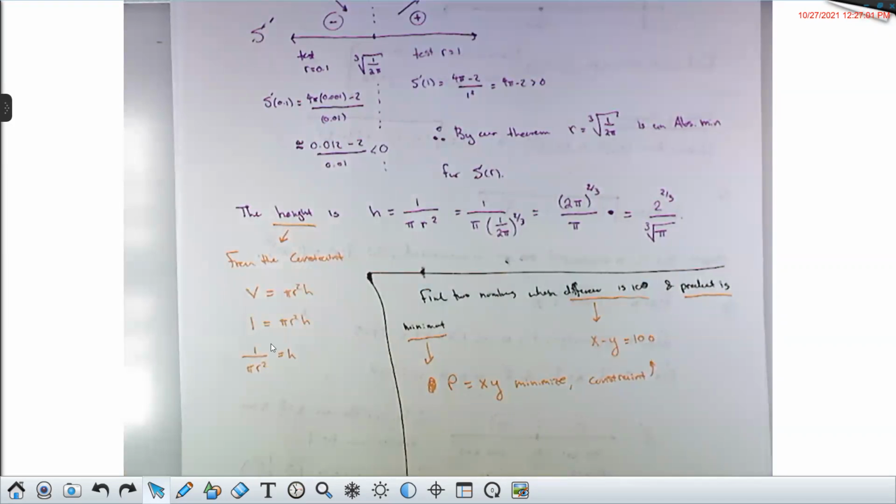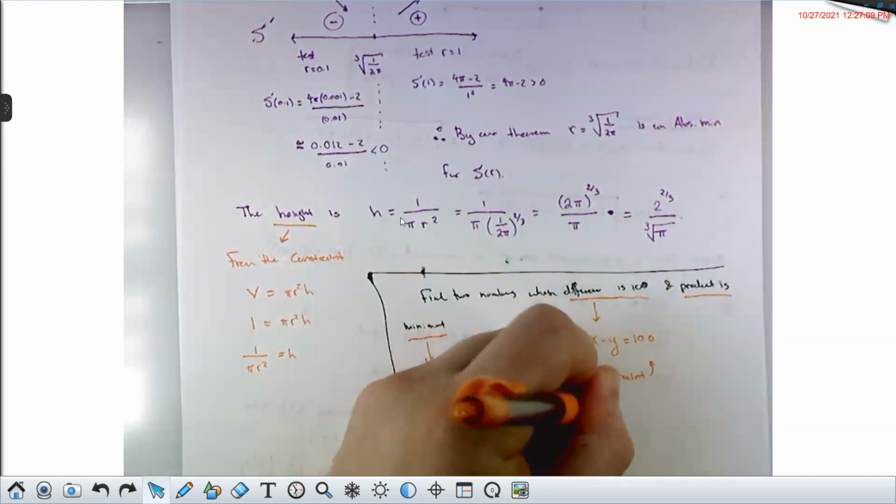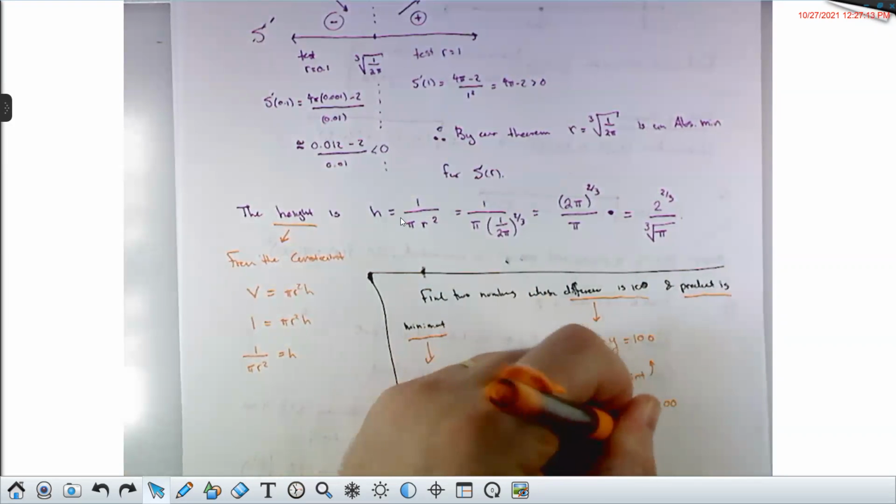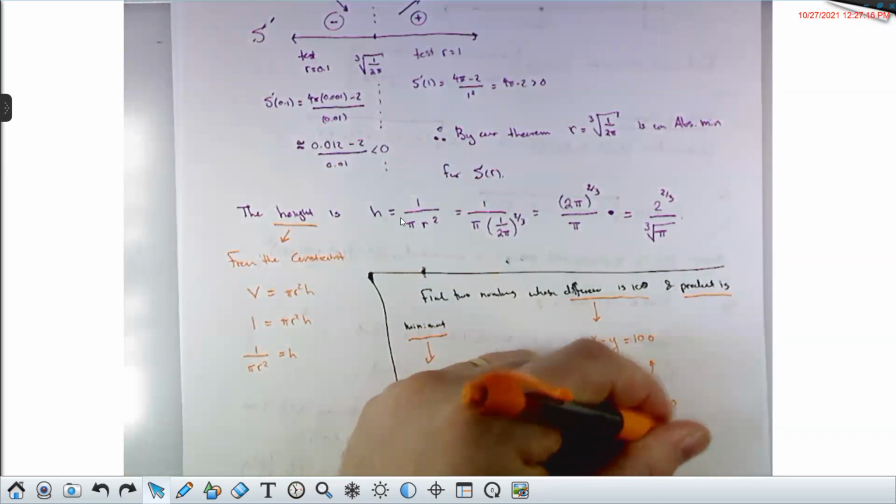So this one, a little derivative of p. Yeah. So if we wanted to solve this, I would say since x minus y is 100, x is 100 plus y.